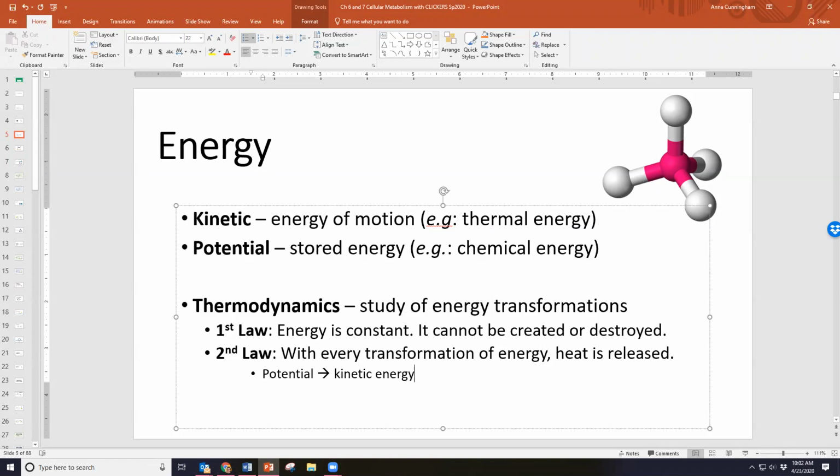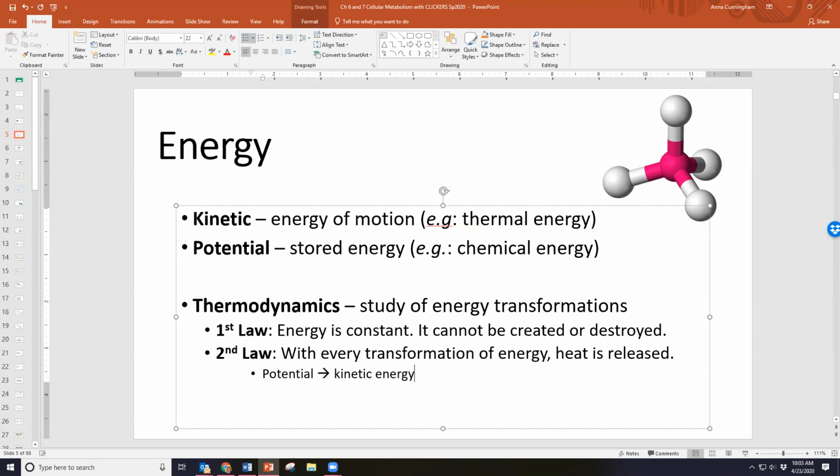All right, so with every transformation of energy, heat is released. Even though there's a constant amount of energy in the universe, sometimes those transformations are not 100% efficient. Whenever you move from potential to kinetic energy, you're also releasing heat. Heat is a form of kinetic energy.